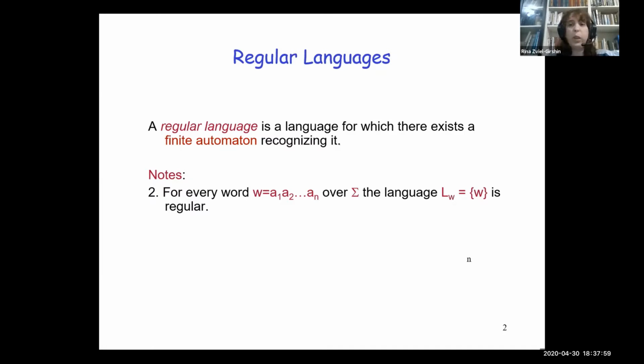So I would like you to take, let's say, 2 moments and try to figure out how you will construct the automaton that proves that this language is a regular language.